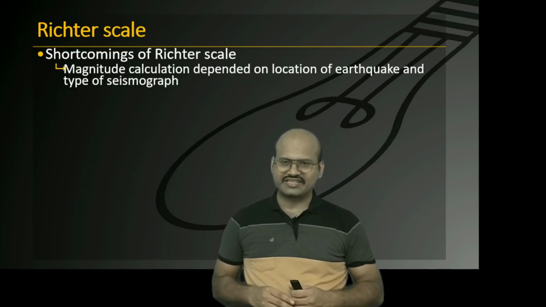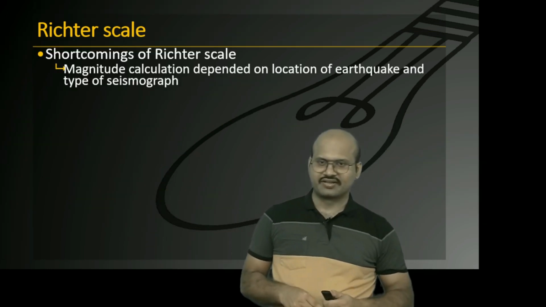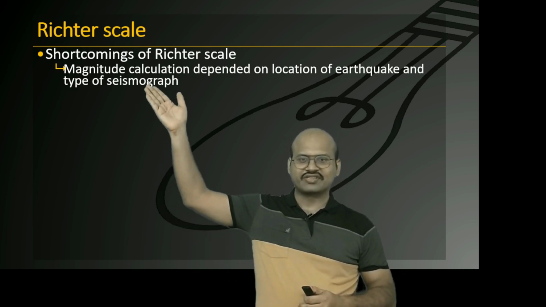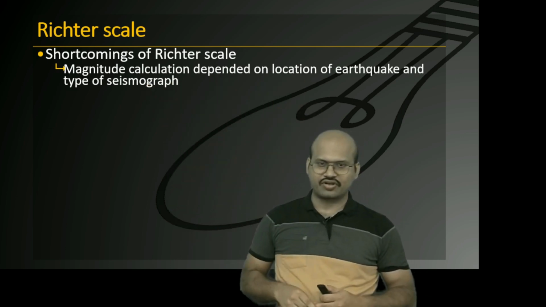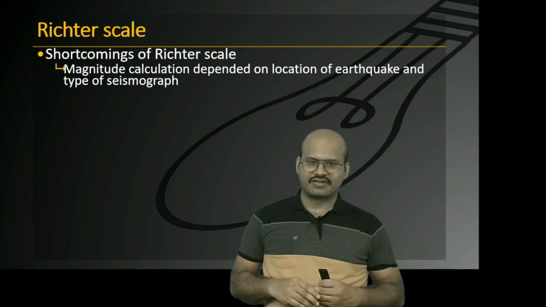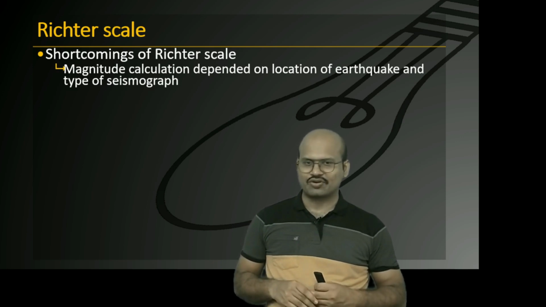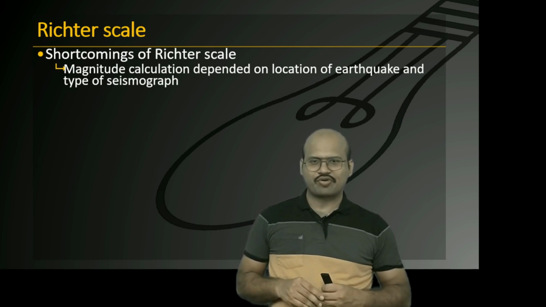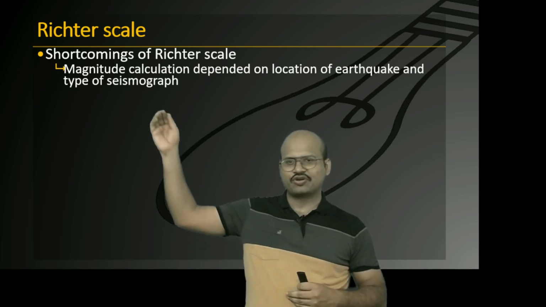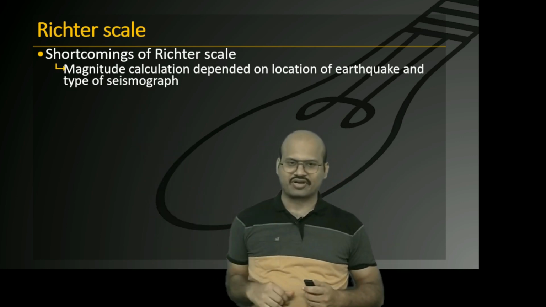We know that certain shortcomings exist in the Richter scale. The magnitude calculation depends on the location of the earthquake. So if it is very far away, the values could be saturated. Even the seismograph might not be able to measure the earthquake properly. Moreover, the magnitude measured depends on the type of seismograph.